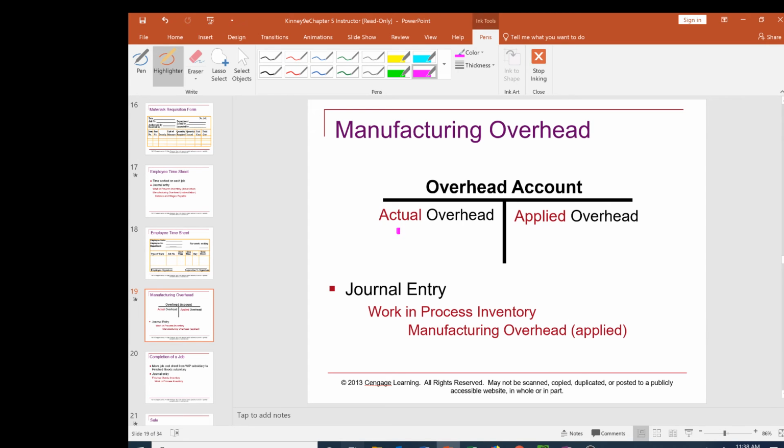Okay, actual overhead we know is debited and you credit accounts payable, accumulated depreciation, rents payable, and taxes payable. Then you come over here and apply some kind of rate you calculated, debit work in process and credit factory overhead. And we know the difference. Now here, I'll make easy numbers. Am I over applied or under applied?